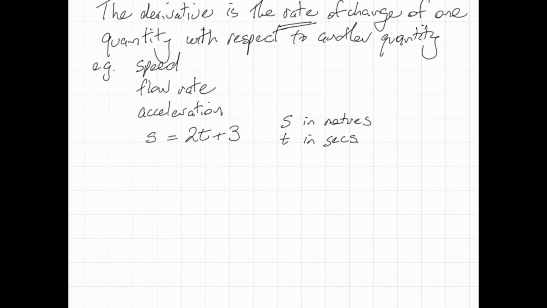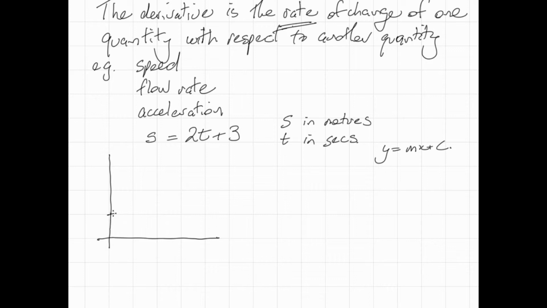Okay, so we could draw a distance time graph. And we know from our knowledge that this is in the form of y equals mx plus c, and mx plus c takes the form of a straight line. C is the y-intercept, so we're cutting at 3.